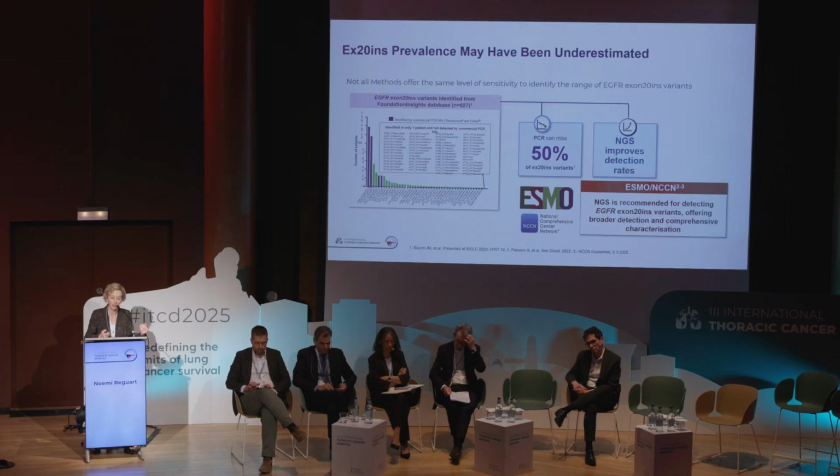At the beginning, I said this is a genetic alteration that we consider infrequent. We don't see it a lot in our clinics. And probably we might have been underestimating the incidence of this genetic alteration.